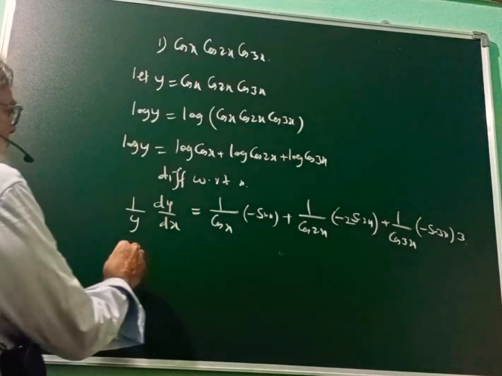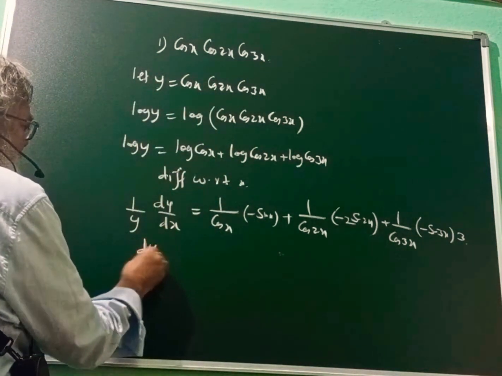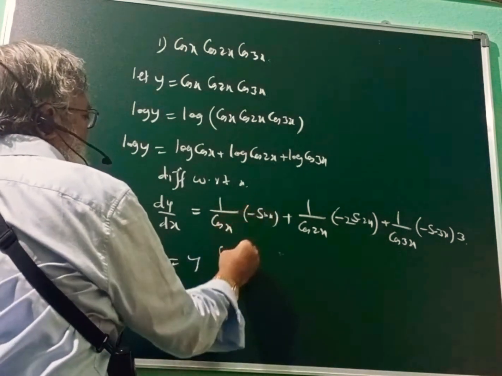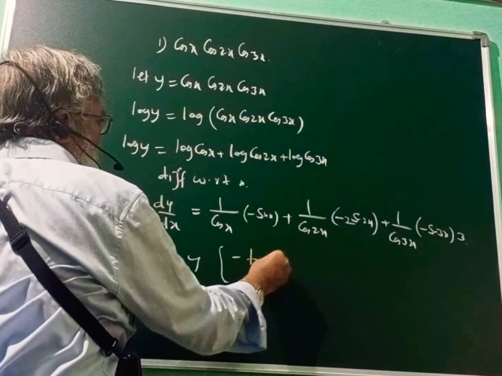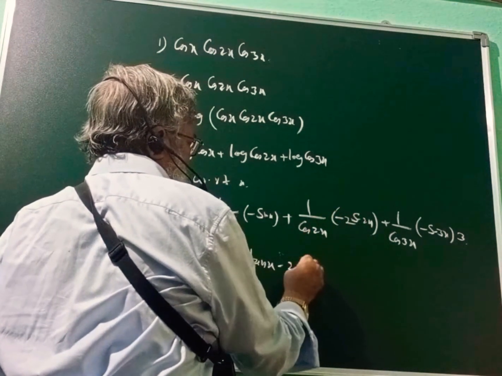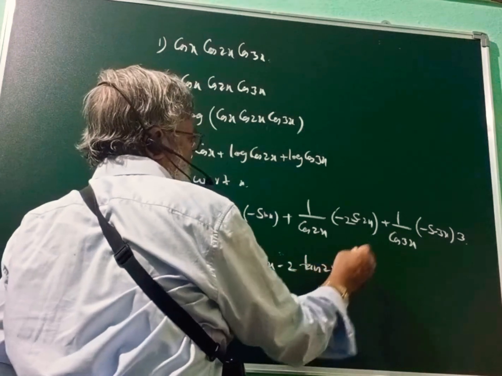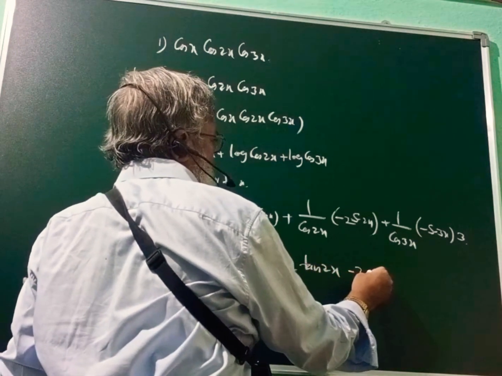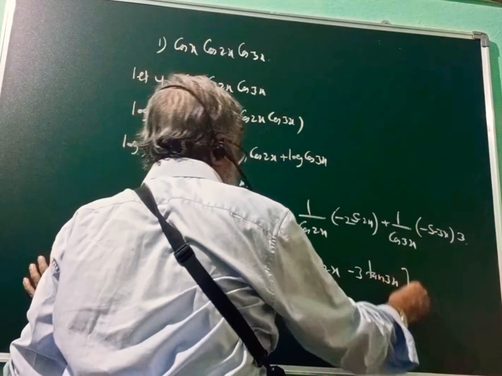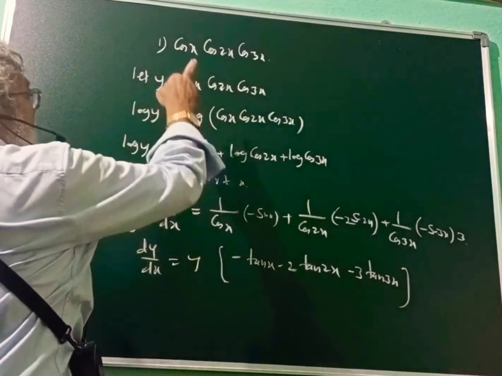We can write this as dy by dx is equal to y into minus sin x by cos x, you can write minus tan x, minus 2 into sin 2x by cos 2x, that is tan 2x, minus 3 into tan 3x. But we have to substitute the value of y.